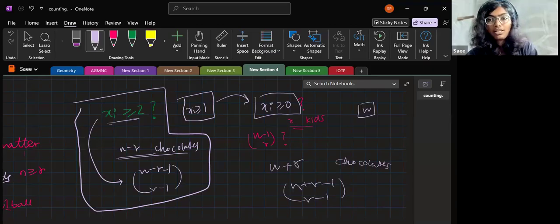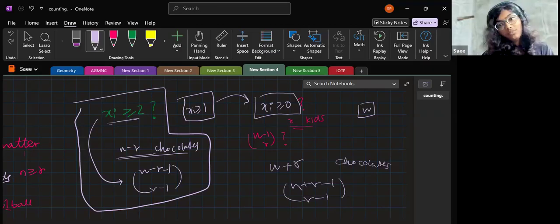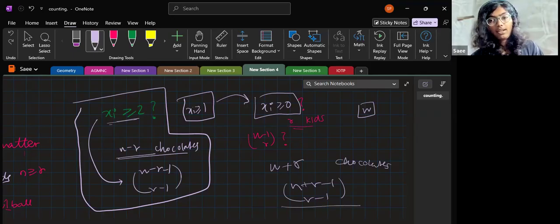That's why this plus r is coming from there, because we take one chocolate away from everybody and there are r people. So you will need r extra chocolates to begin with. So that's how you get n plus r minus 1 choose r minus 1, if you're allowed to have at least 0.